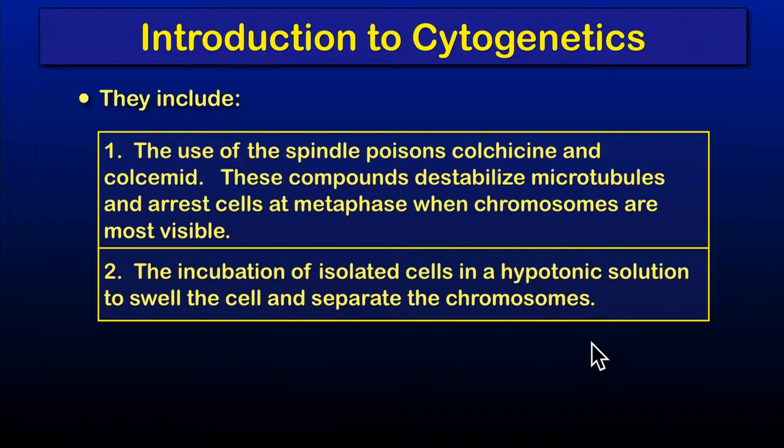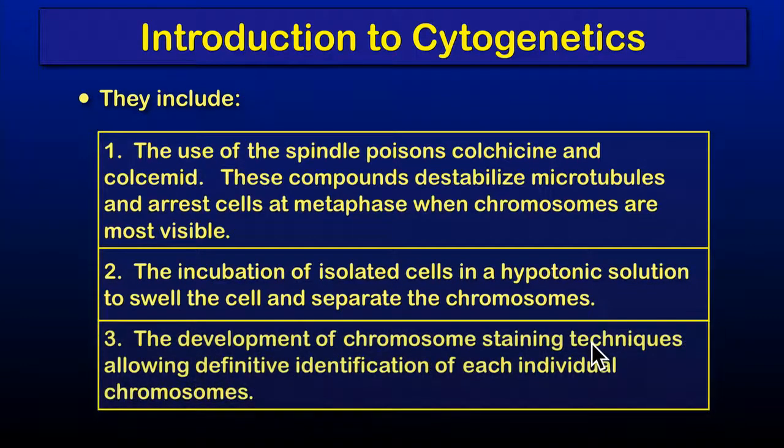And hopefully, no, there is not. The nuclear membrane breaks down. So if you then do a hypotonic solution, the cell swells, these chromosomes will essentially spread out through the entire cell because there is no nucleus any longer. So they can occupy the entire space that cell has. And then staining techniques that allow for identification of the individual chromosomes.